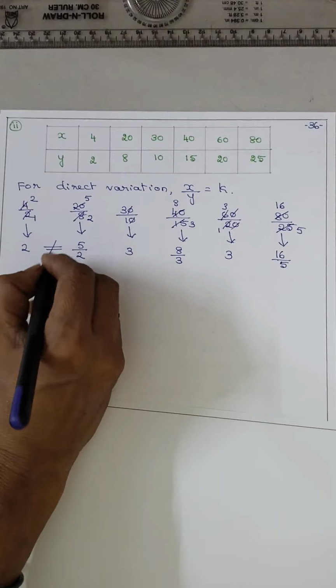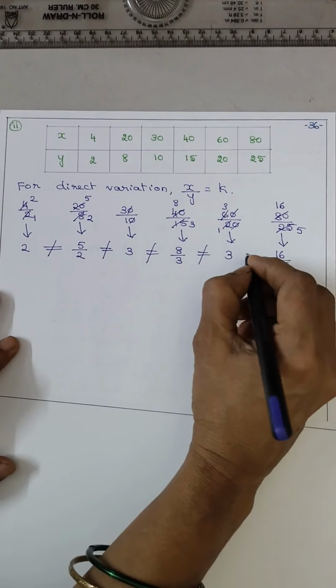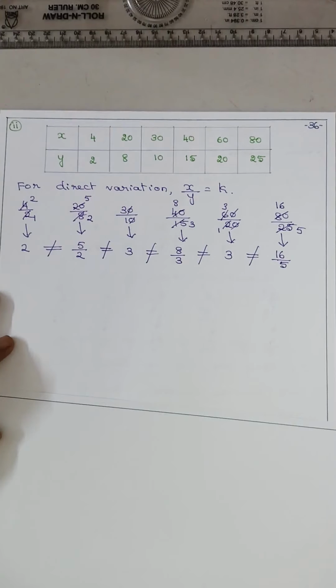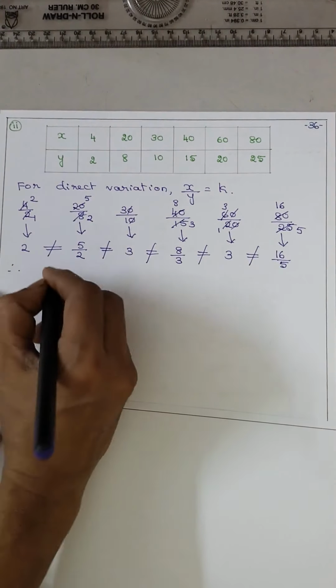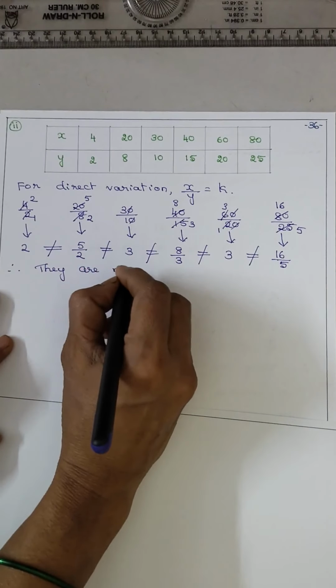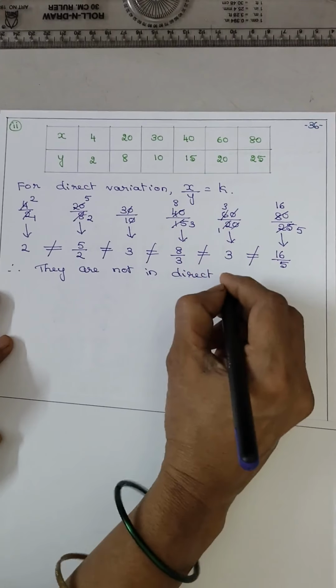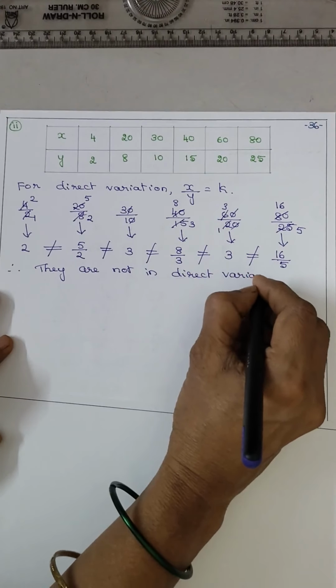So they are not equal to each other. So then you will write, therefore they are not in direct variation, isn't it?